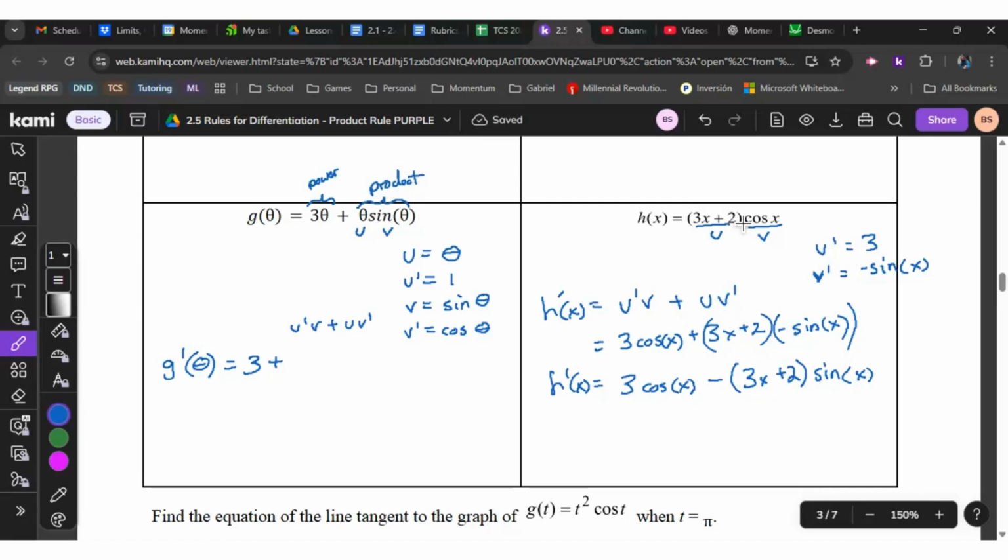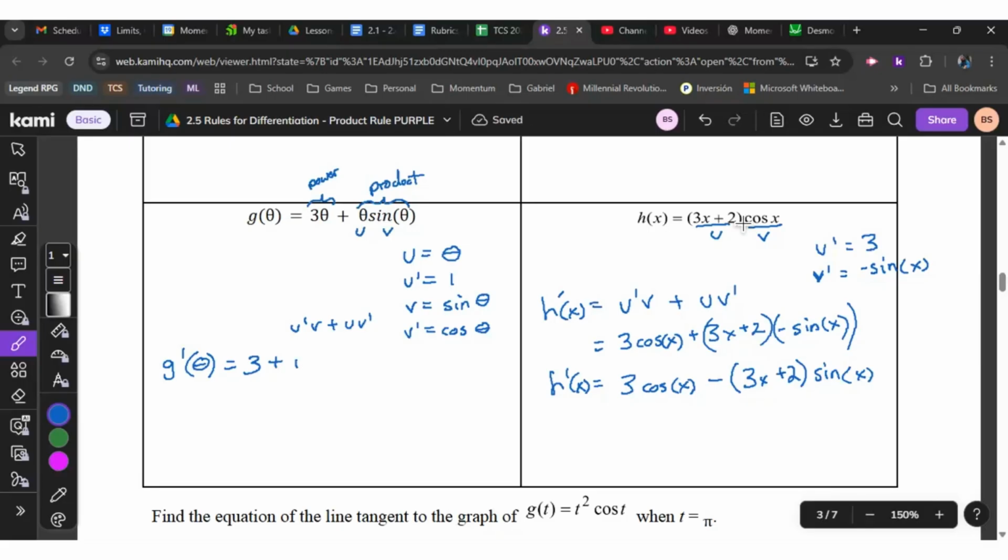So what part? The 3? The 3 comes from here because the derivative of 3x or 3 theta is just 3. Because you can think of it as the fact that it's like 3 theta to the power of 1. The 1 comes down, and then you get theta to the power of 0, which means it just becomes a 1. Okay, so u prime, that's just 1.